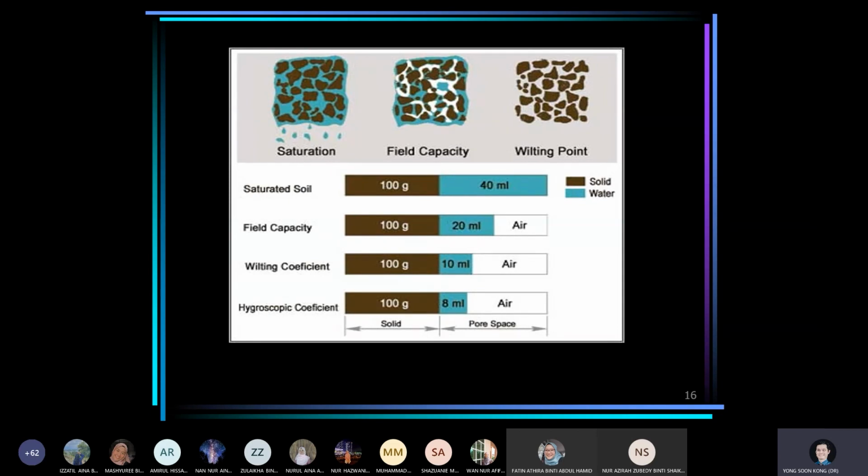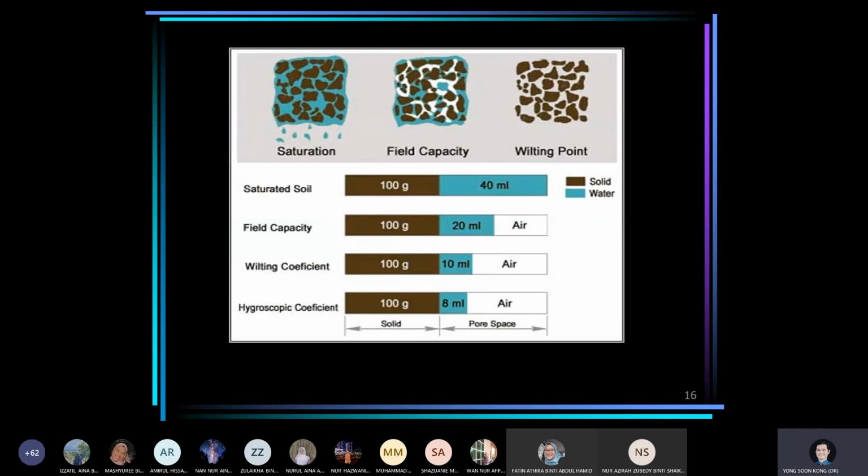You may still find some adhesion water near the surface of the soil or maybe inside the pores. So there you go. Different conditions of the soil, different types of water contained in these three conditions, and how they interact.